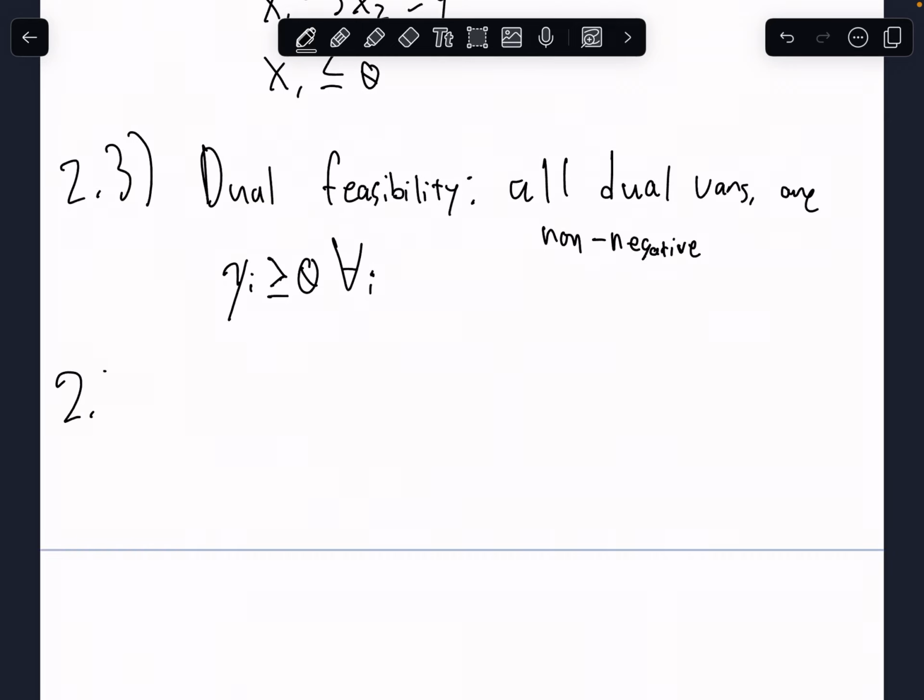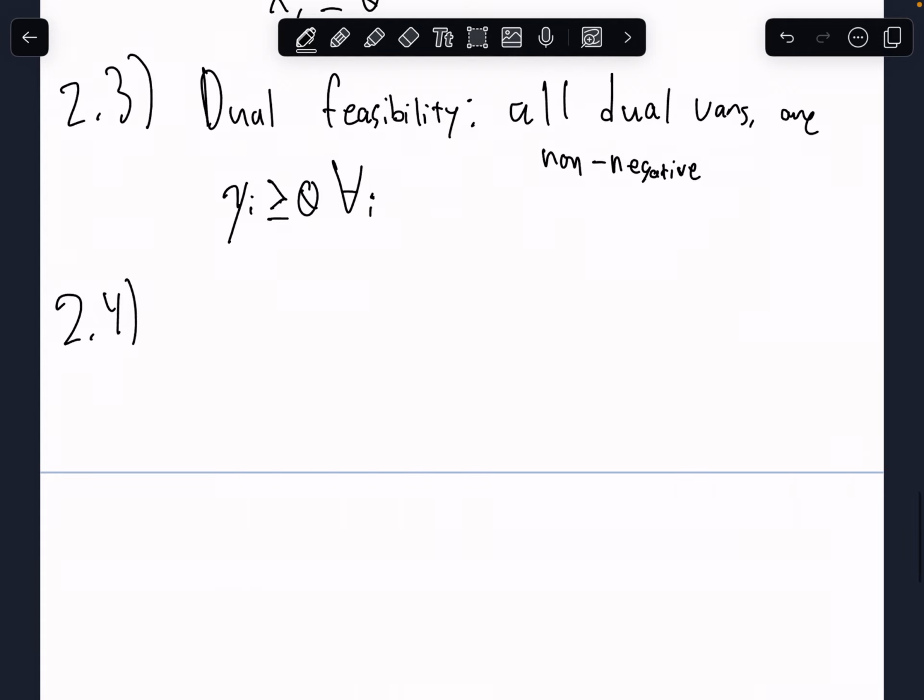And finally, for 2.4, I honestly forgot the name. Let me look. It's complementary slackness, right?